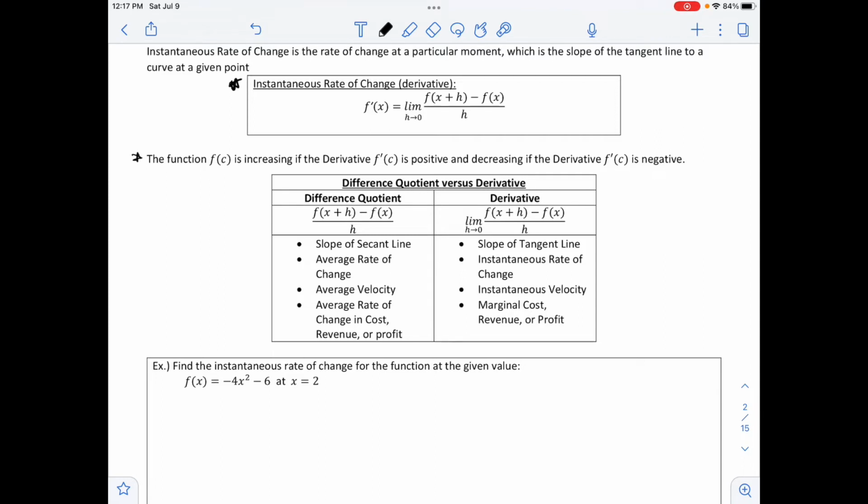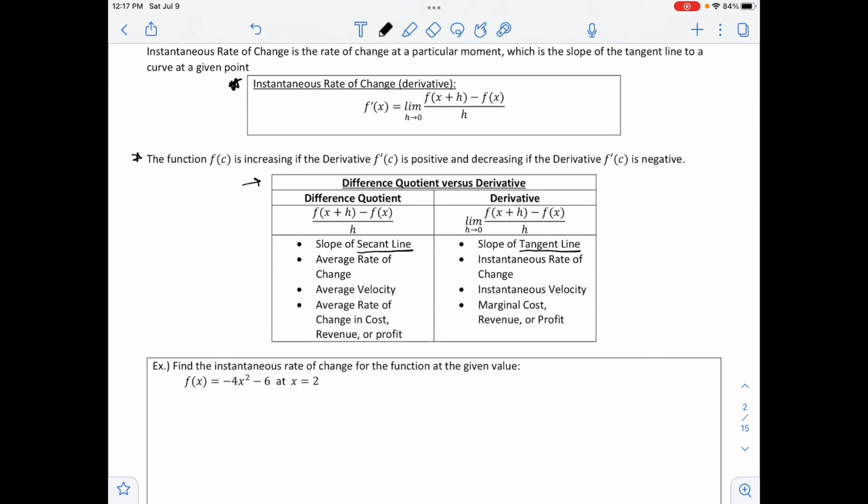Then the table below says difference quotient versus derivative. I put down some words that you'll see throughout the course. The first column is the difference quotient and the second column is the derivative. The formulas are identical except that for the derivative, you are taking the limit as h approaches 0. For derivatives we have tangent lines, whereas for difference quotients we have secant lines.